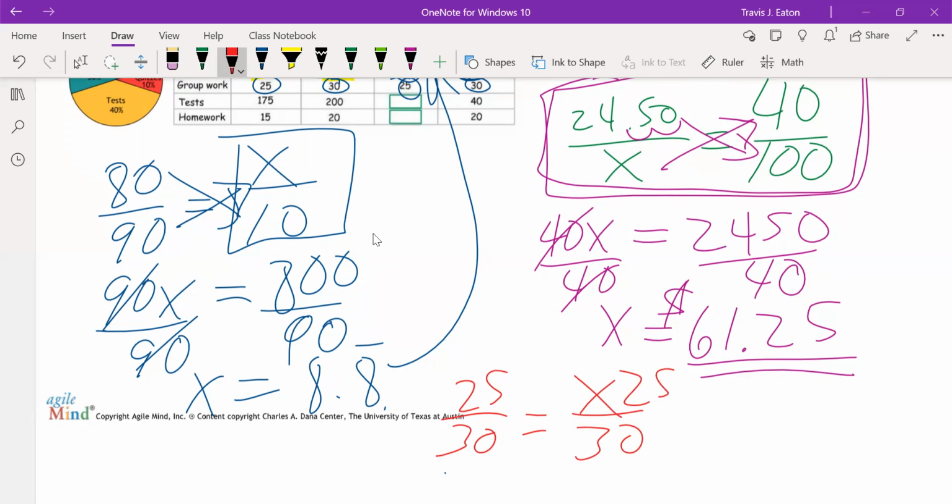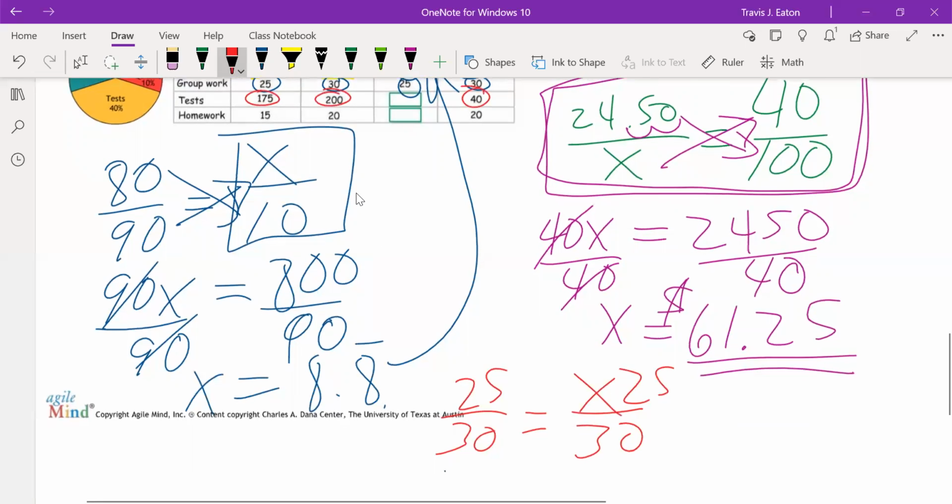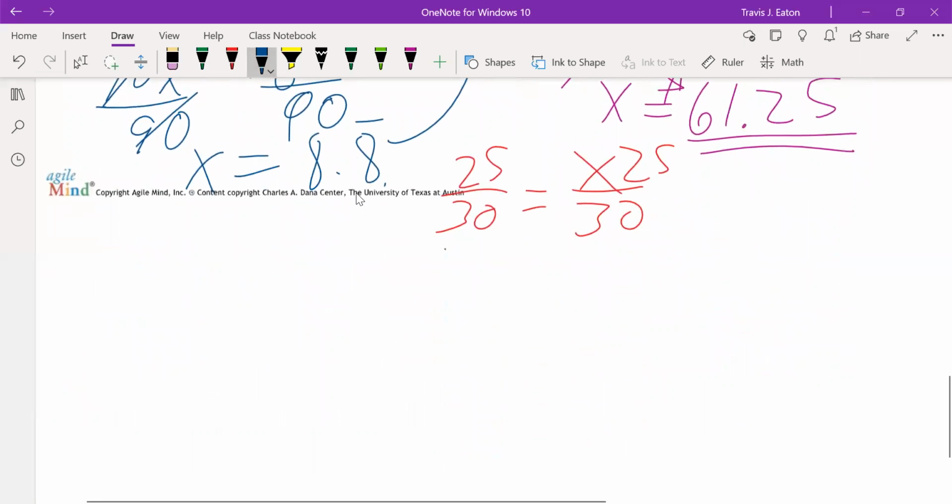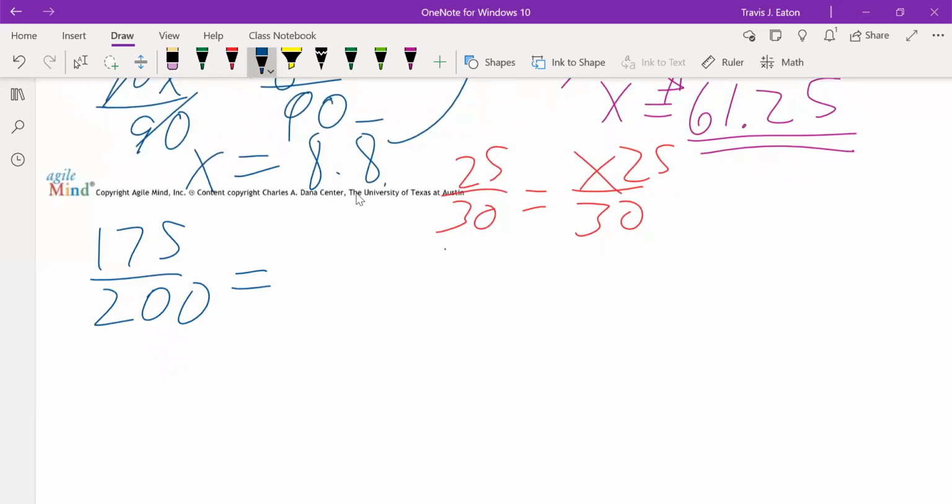So I guess we have time. Let's look at 175 out of 200, and that's worth 40% of your overall grade. So I've got to scroll down. 175 out of 200, and that's going to be worth 40% of your overall grade.